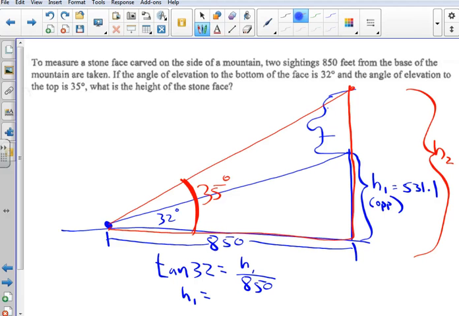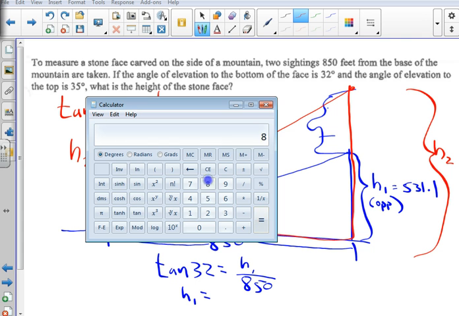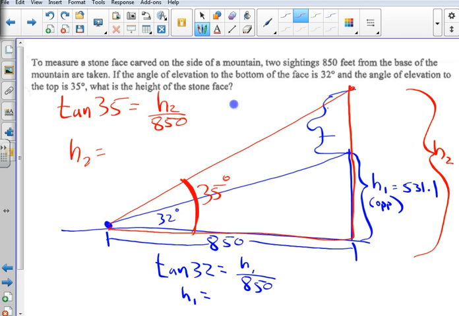So once again, tangent comes into play. The tangent of a 35-degree angle is equal to h2 over 850. That means h2 is going to be 850 times the tangent of 35. So 850 times tangent 35 equals 595.2.